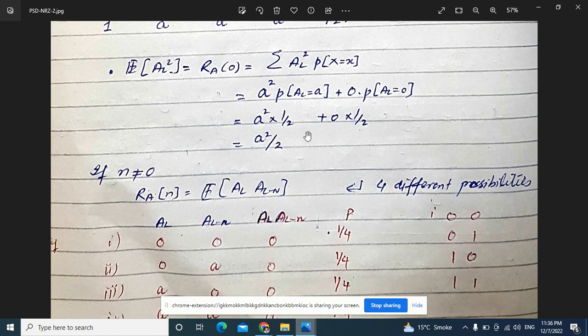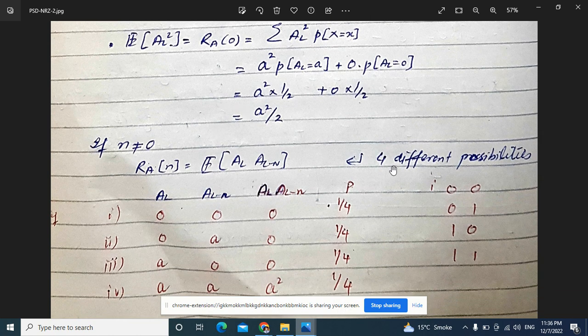But suppose n is not equal to 0. Then you have four different possibilities. The first one is 0 0, the second is 0 1, the third is 1 0, and the fourth is 1 1.